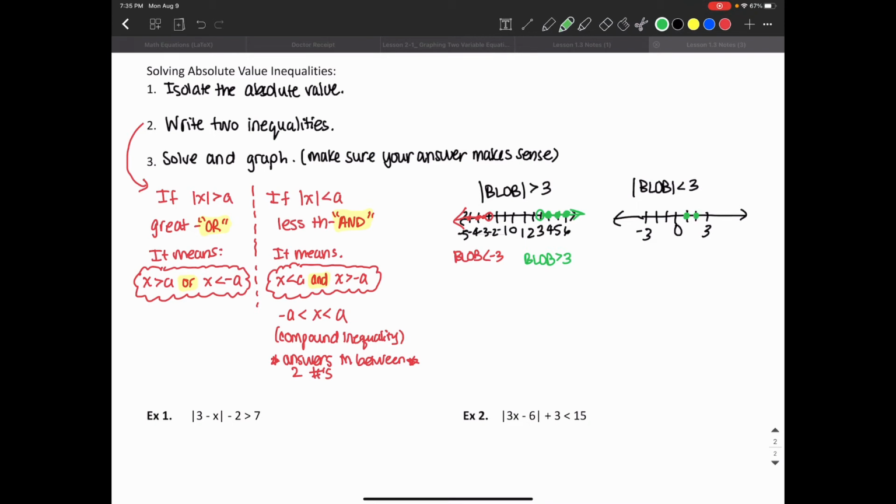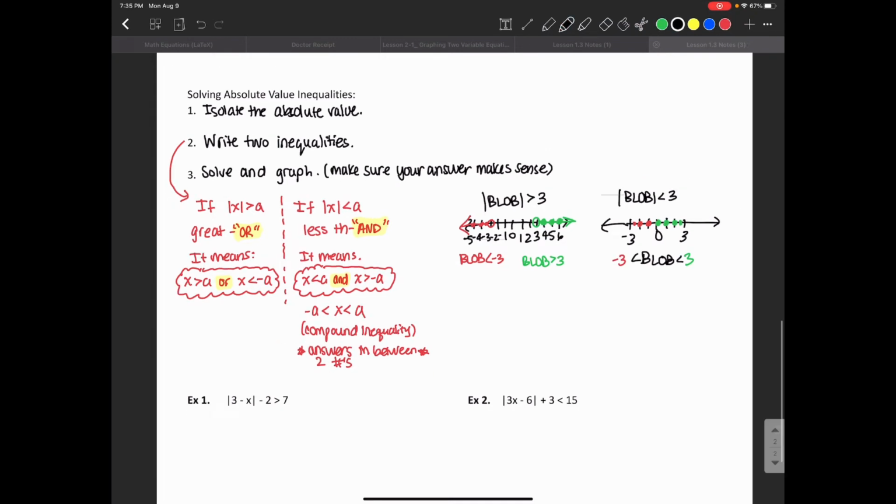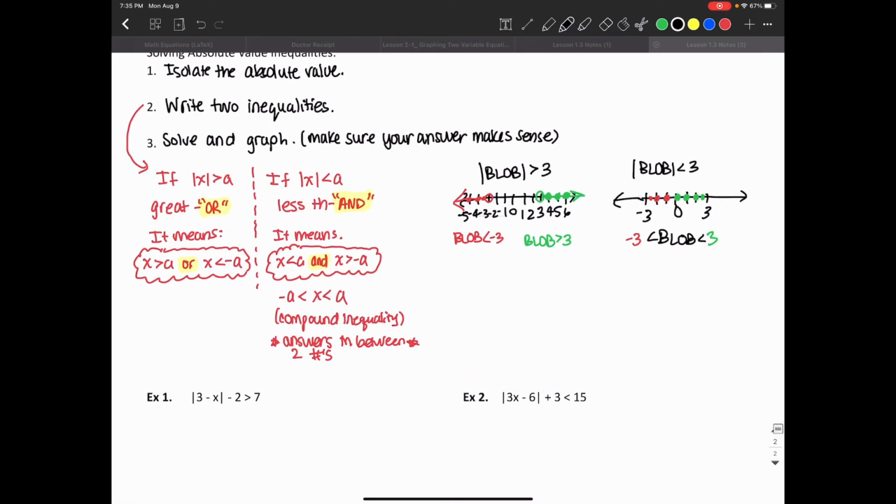That's less than 3 away from 0. 2.5 works. So does 0. Everything that's in between -3 and +3. So I can say that the blob has to be in between 3 and -3. I hope that didn't confuse you and helps you a little bit.